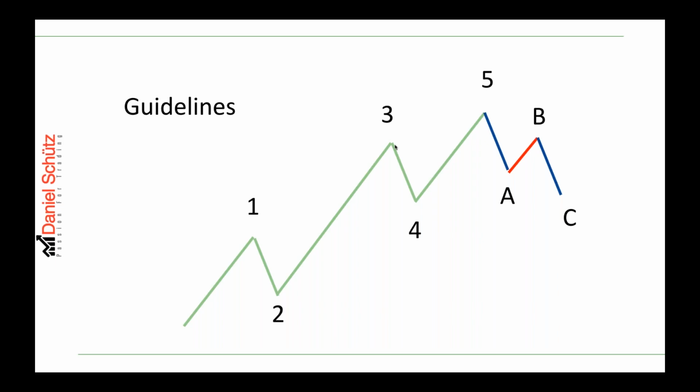A corrective wave A and a corrective wave C tend to be the same length. That's another guideline we have here. However, I personally do not trade corrections very, very often. Even for beginners, I would not recommend to do so. You should only trade corrections if you have the necessary experience to do so.